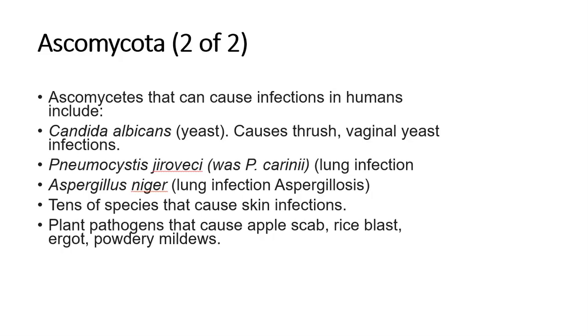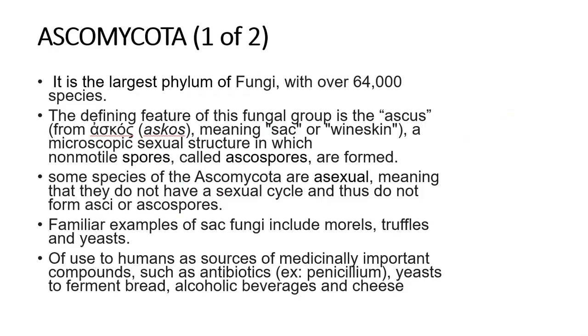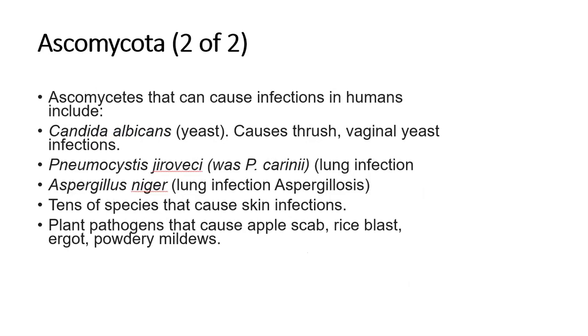And you're going to look for these yeast again. Go back and look at this right here. This is what we're looking for. Those budding yeast cells. Okay, just FYI. That's what we're truly looking for. We're going to look at these as we go down.